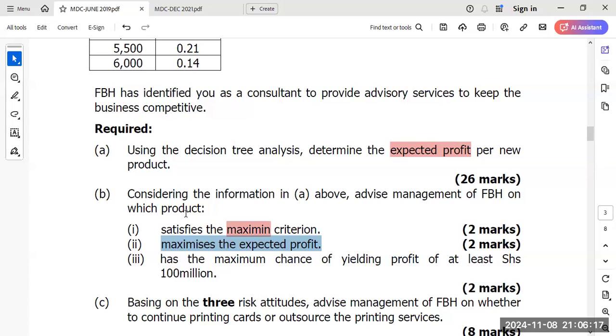Advise management on which product. So here the product that maximizes the expected profit is mobile banking. Here the product that satisfies the maximin criterion is actually the existing product.